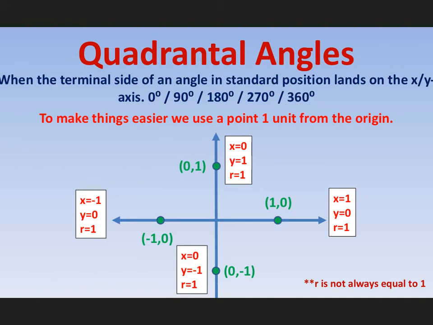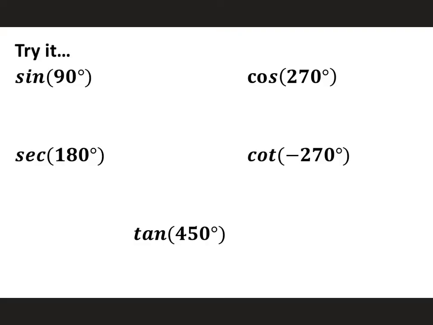So up here, our x value is now 0, our y value is now 1, and our r is 1 as well. When we go to this side, we've now gone to the left 1, so our x value is negative 1, our y value is 0, and our r value, the distance from the center, is still positive 1. All right, so let's try a couple of these.